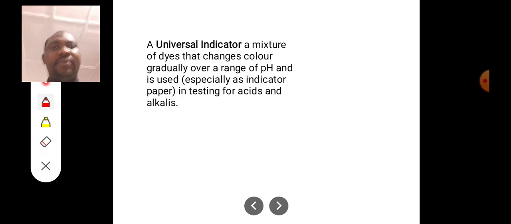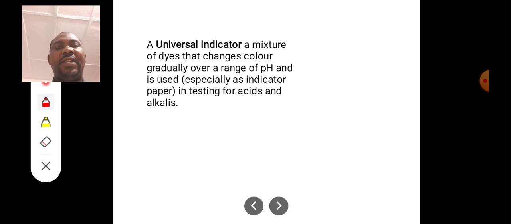Okay. Now, the next we're going to look at here is what we call a universal indicator. What is a universal indicator? It is a mixture of dyes. Note that it's a mixture of different dyes that changes color gradually over a range of pH and is used, especially as indicator paper, in testing for acids and alkalis.